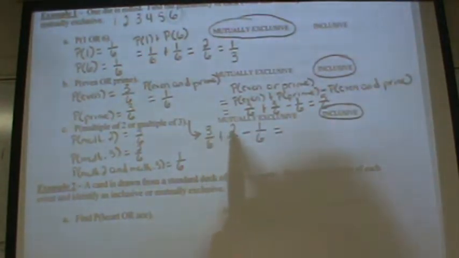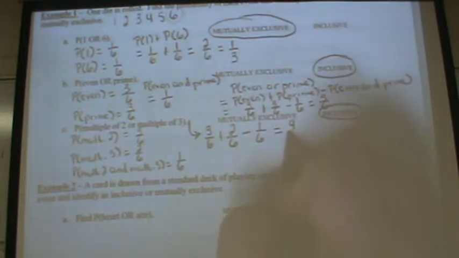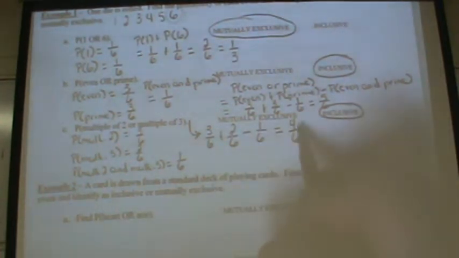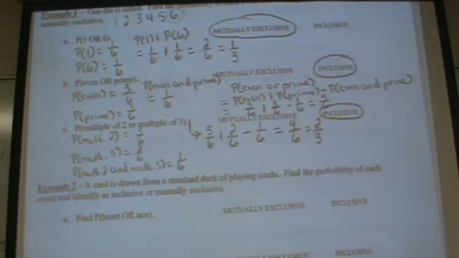So we get 5 out of 6 minus the 1 out of 6, which gives us 4 out of 6. And again, we need to reduce this fraction. So you get 2/3. So the probability of getting a multiple of 2 or getting a multiple of 3 is 2/3.